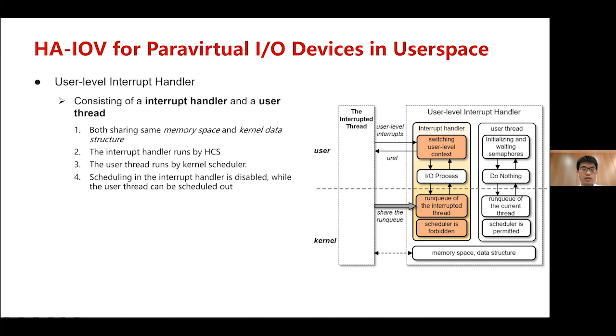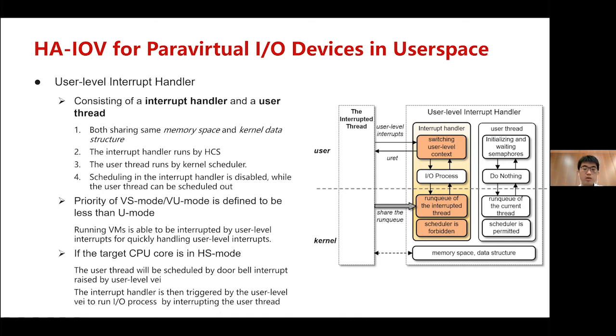Contexts are saved in its user stack. The saved context will be restored when returned to the interrupted thread. During the execution of the interrupt handler, from the view of kernel or CPU, the interrupted thread is still running and it is only regarded as interrupted instead of being scheduled out. This is done by sharing the schedule information of the interrupted thread with the interrupt handler.